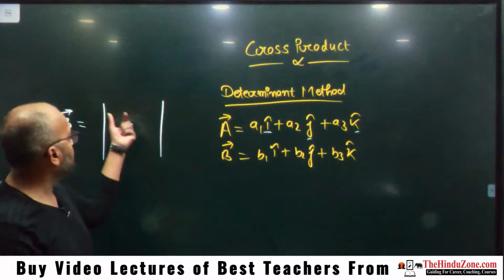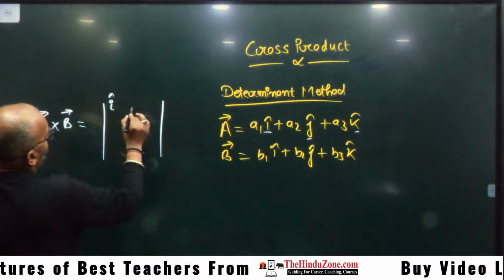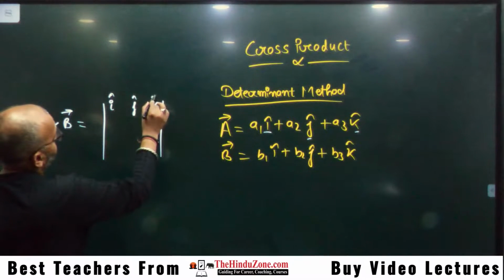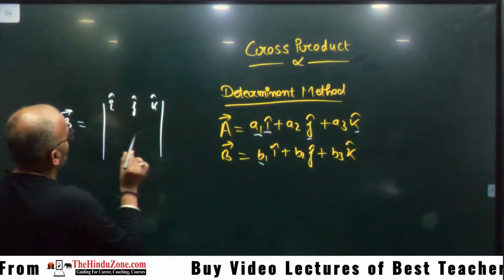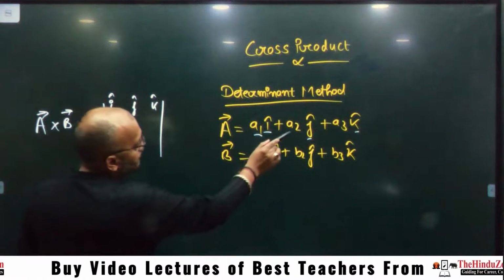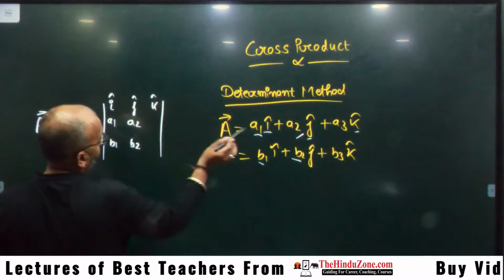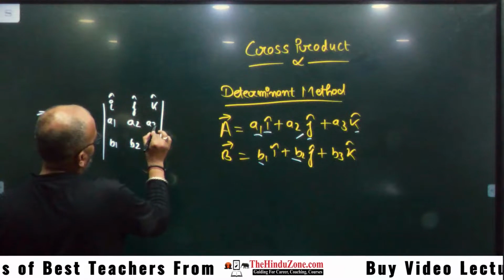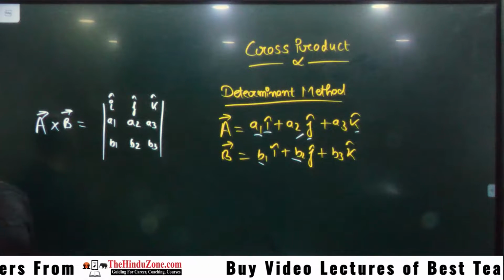So we will form three columns here: I cap, J cap, K cap. Under I cap, write the coefficients of I cap. Under J cap, write the coefficients of J cap. And under K cap, write the coefficients of K cap. Okay?